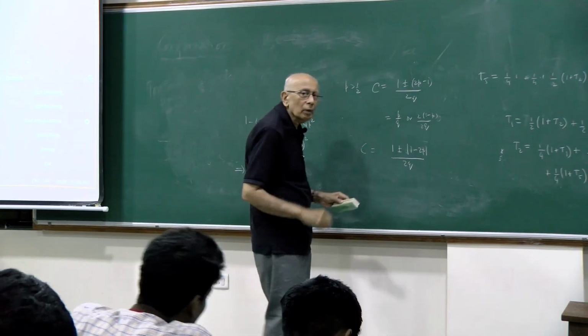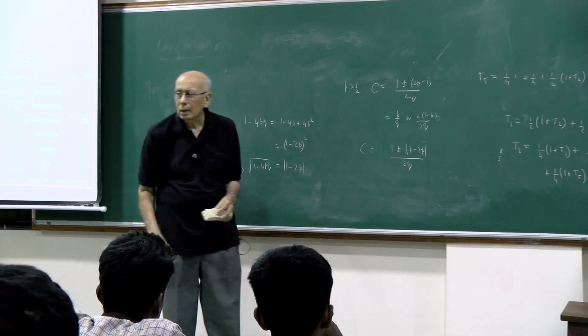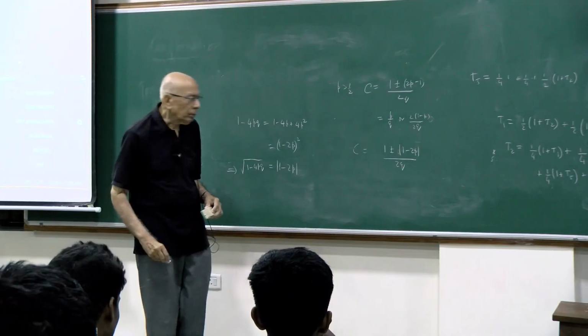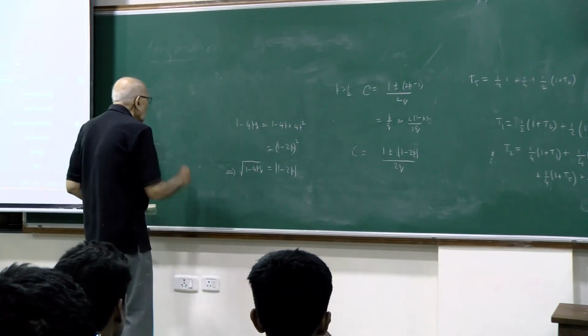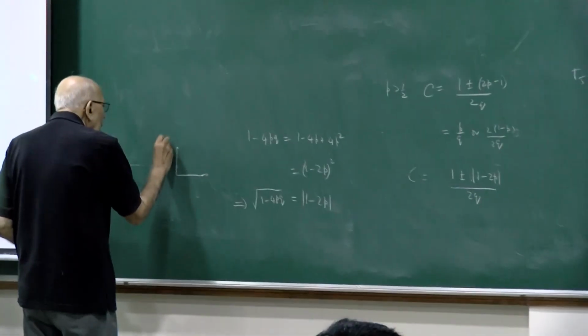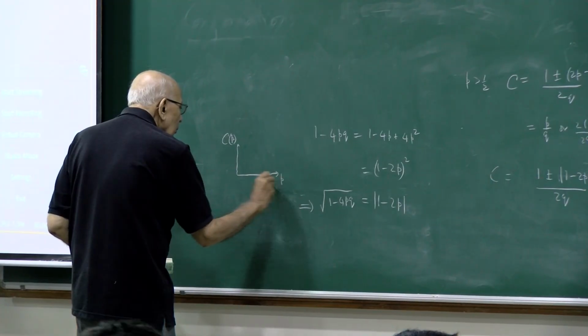Similarly for p less than half. So find what the solutions are and see what happens. The capture probability, if you write it out, is like this as a function of p.